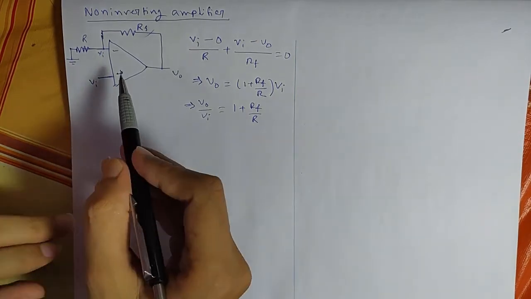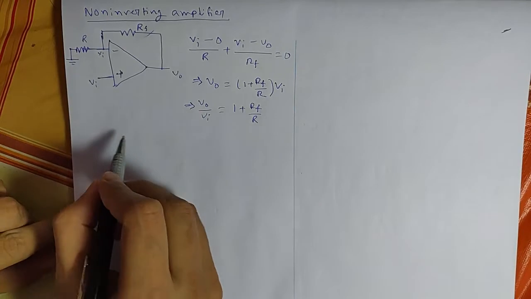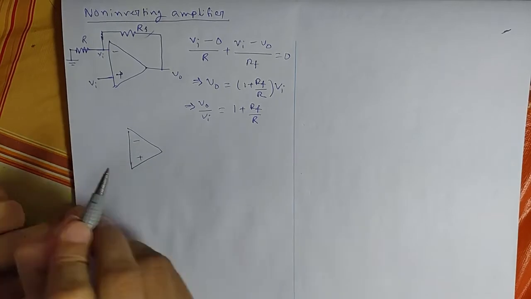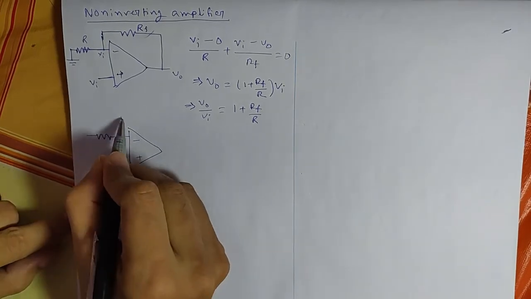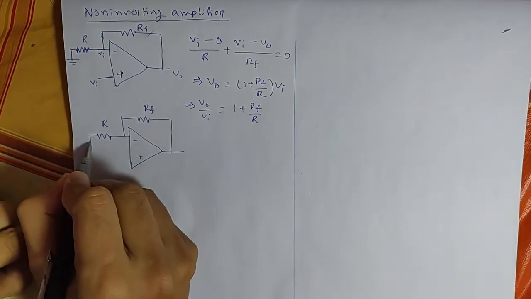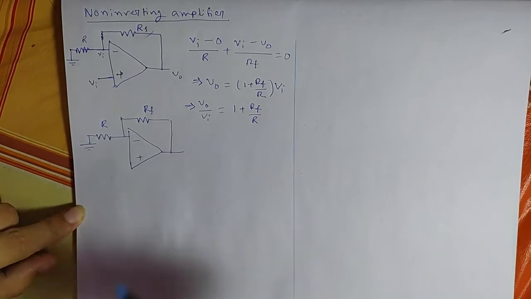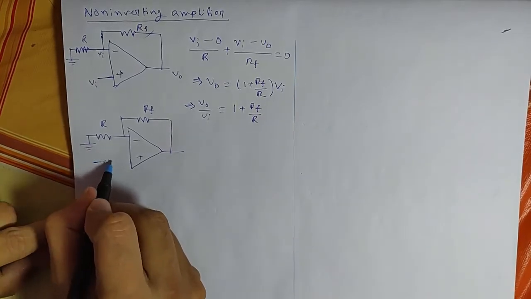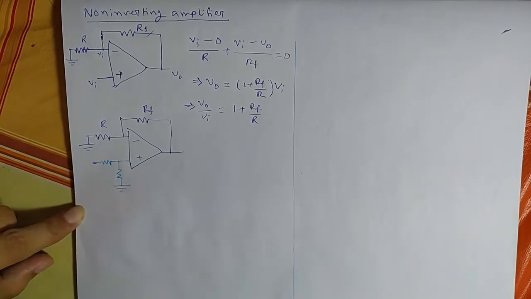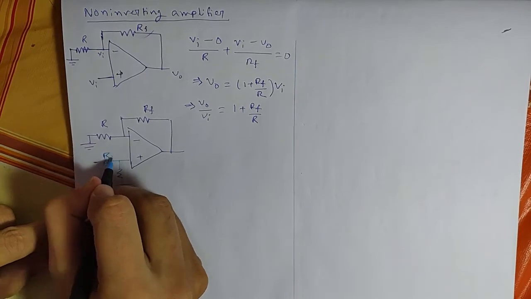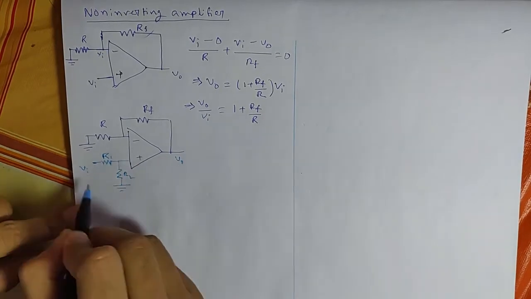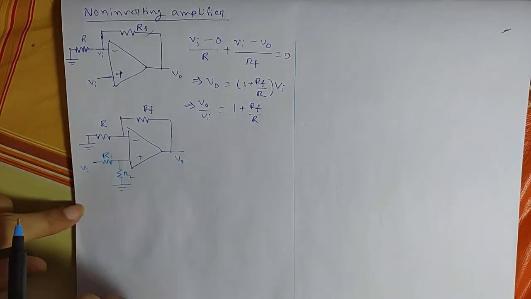Now we can do a variation of the circuit. The second circuit will be the same circuit, and the input is connected through a voltage divider R1 and R2, that is Vi, and the rest of the circuit is the same.